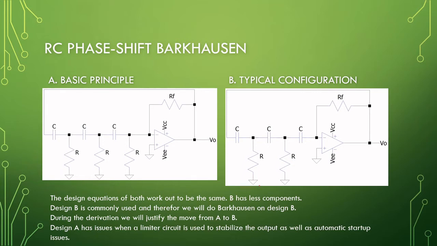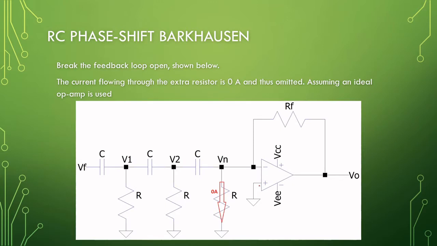Okay, so with Barkhausen we need to get a loop gain of 1 and a phase shift of 0 and ensure that our circuit starts up automatically. So for this first resistor, why it's typically left out in designs is if we assume an ideal op amp, there is no current really flowing here, right?